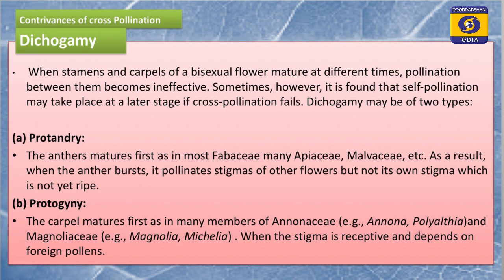When the female part matures first, we call that protogyny or the protogynous condition. When the male part matures first, the pollen grains of that anther pollinate some other plants, and the same in the protogynous condition: when the female part matures first, the stigma receives the pollen grains from the other plant.